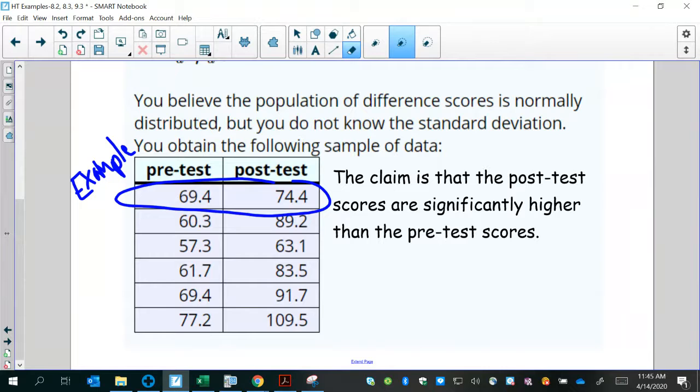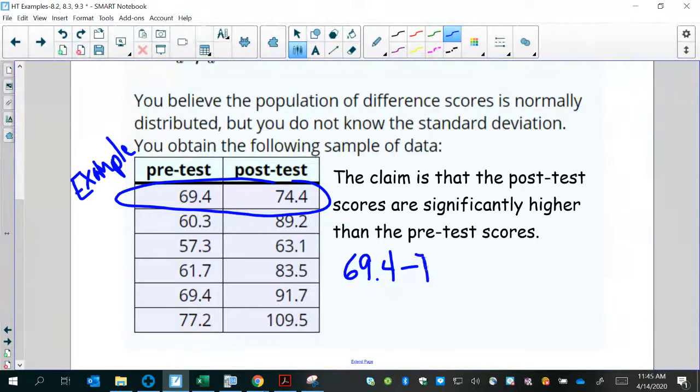hang on, we have to do it in order. I forgot. We have to do it in order, even though we usually subtract a larger number minus the smaller. We always start with population 1 score minus population 2 score. And we want to see, what would happen if I have a larger value being subtracted from a smaller value? What's the difference here?